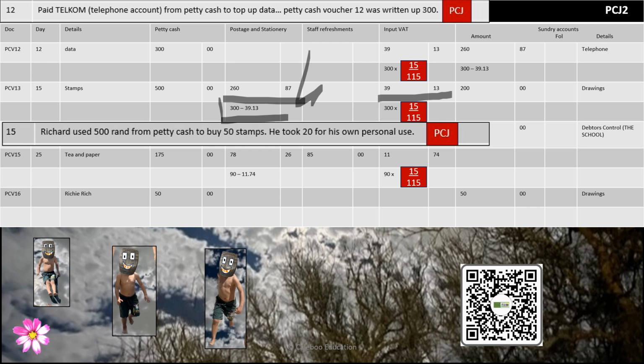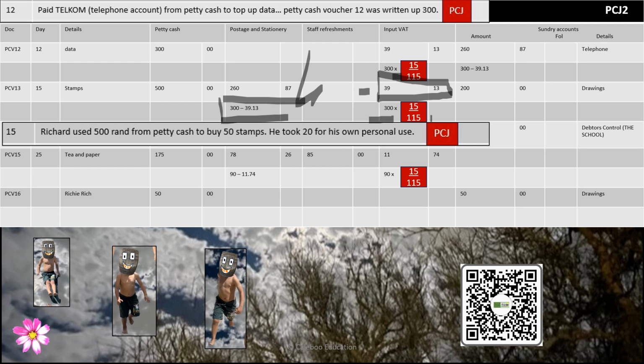I took off the VAT. I said 300 minus the VAT amount calculated on the stamps being used for the business, which I said 300 times by 15 over 115, gave me the input VAT on the standard rated stamps.